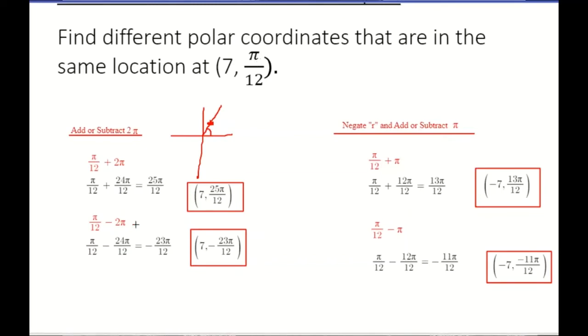Now, it's not necessarily going to give you exactly what you want. If you follow this, you might have to do this more than once, or it really just depends on what the point is. But this is 4 different things you can do to find different polar coordinates that are in the same location as a given point.